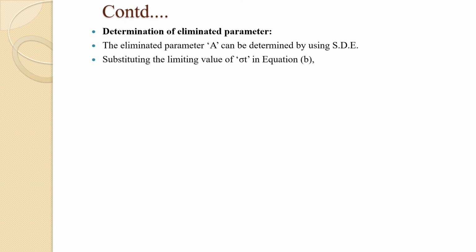Now determination of eliminated parameters. Which is the eliminated parameter? Capital A, which is the eliminated parameter, can be determined by using the subsidiary design equation. So substituting the limit value of sigma T in the previous equation, sigma T is equal to F upon A, also sigma T is equal to SYT upon NF.